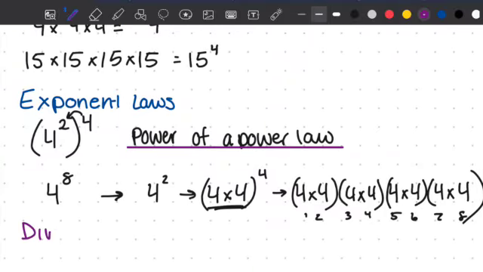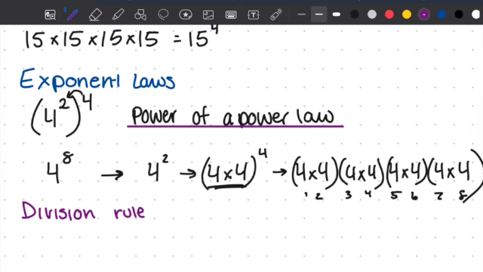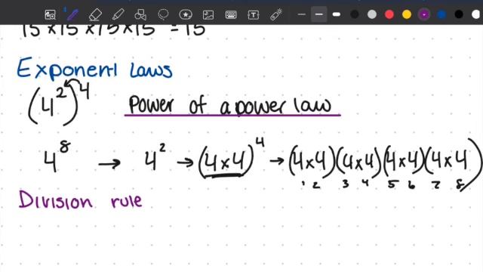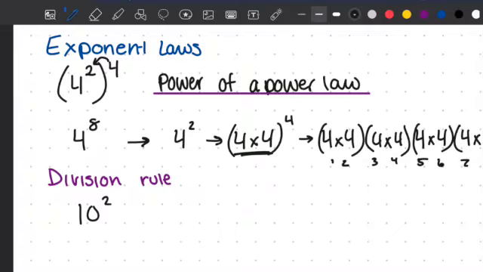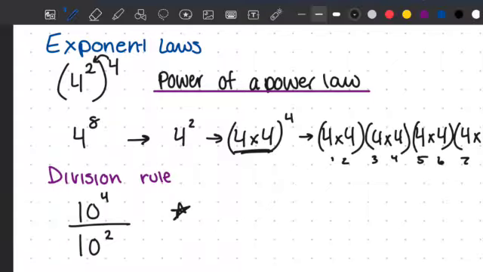Okay, I also have my division rule. When I'm dealing with my division rule, that's whenever I have a fraction. So if I have 10 to the power of 4 divided by 10 squared, what I'm doing is subtracting these two exponents, as long as they have the same base.